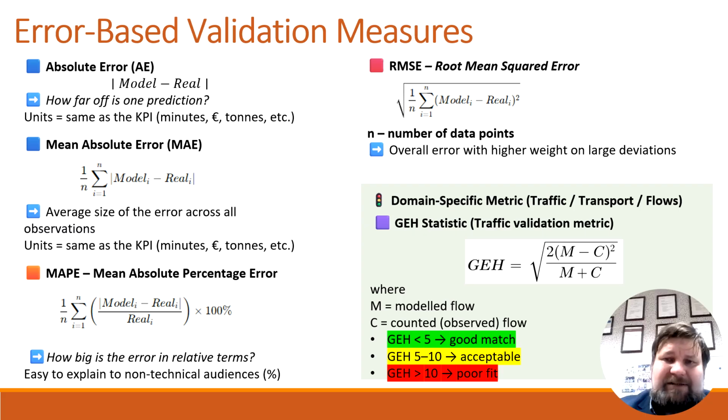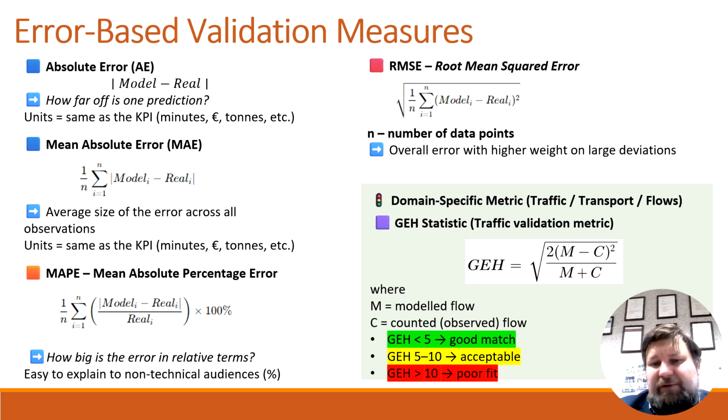And again, guys, I would like to draw your attention that there will be some tutorials dedicated to error-based validation measures. At the same time, for students who prefer to deal with traffic flow simulations and transport problems, I would like to promote a domain-specific measure, which is indicated here. It's called the GEH statistic.